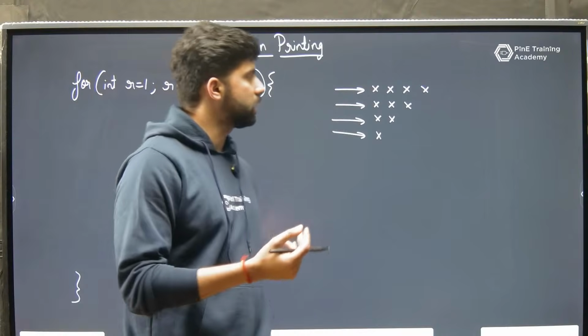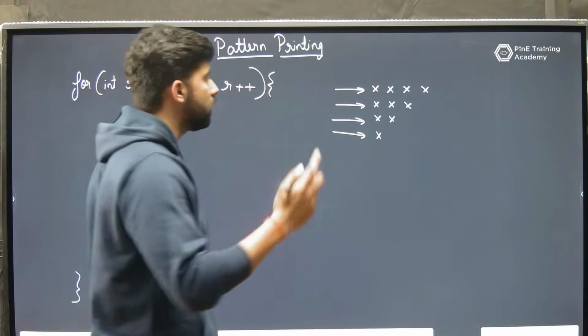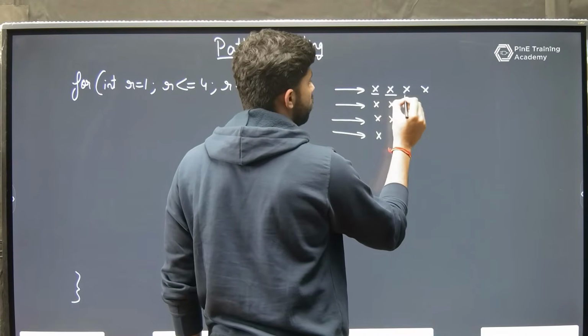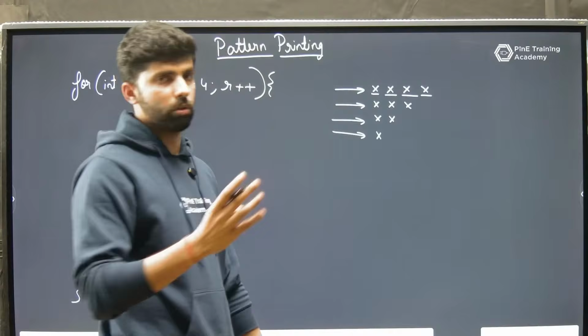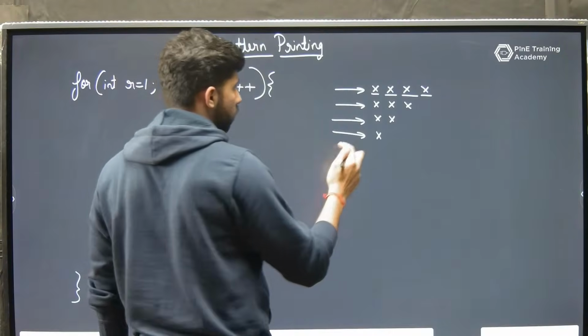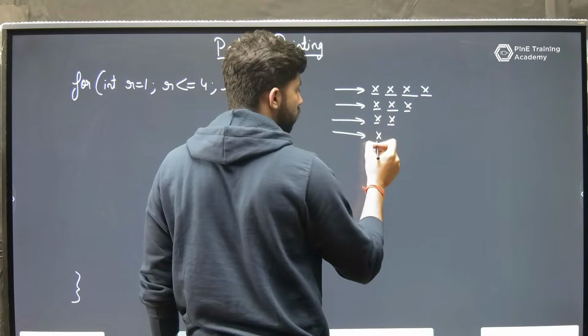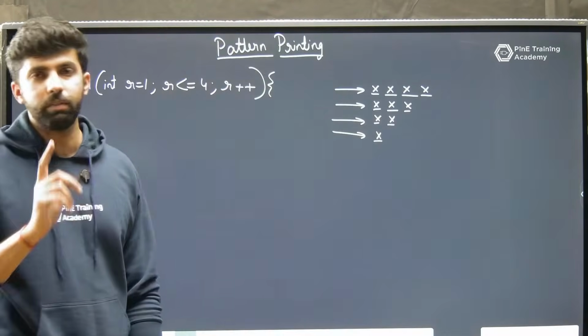Now let's see what the number of columns is. In the first row, we have 1, 2, 3, 4. We have 4 columns. In the second row, we have 3 columns. In the third row, we have 2 columns. And in the last row, we have only 1 column.